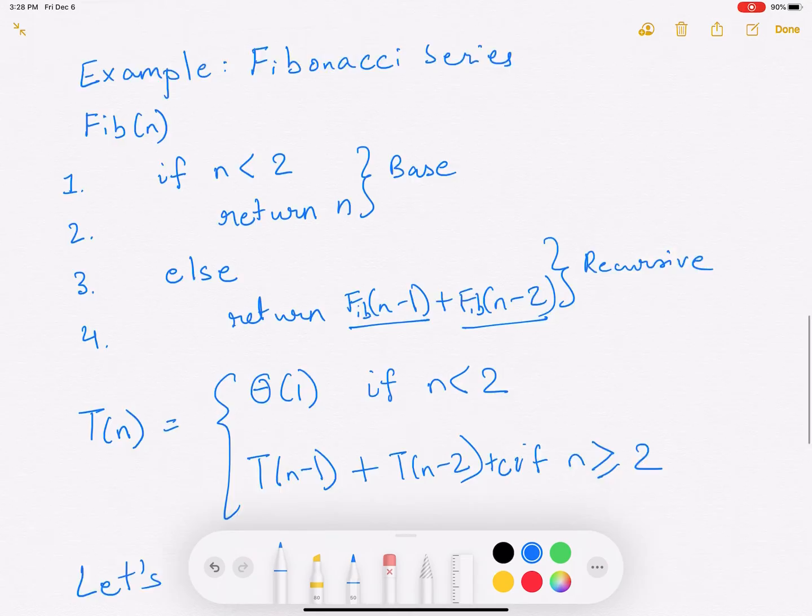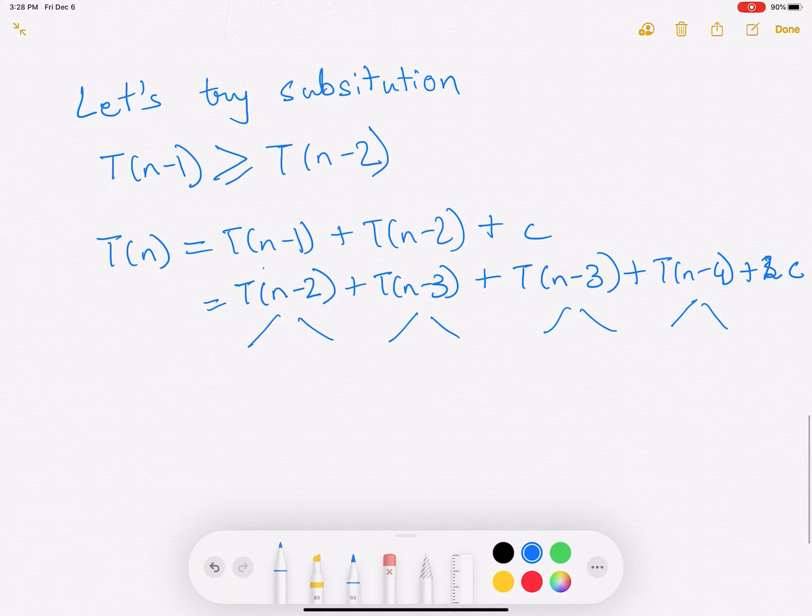That is why we are going to make use of this observation: T(n-1) is greater than or equal to T(n-2). How will this help? We cannot find the runtime precisely, so first we're going to try to bound the runtime from the top as well as from the bottom.